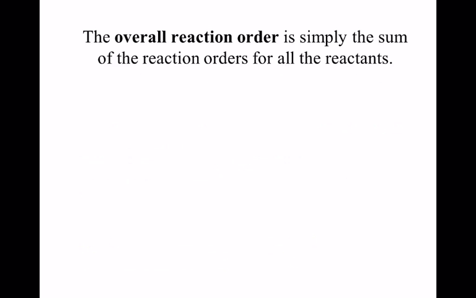So one last thing before we do our example, or actually a few more things. There's something called the overall reaction order. There's the reaction order for A and the reaction order for B, M and N, and then the overall is you just add them together. If you had a third term, a reaction order of C, you just add them all together and you get the overall reaction order.